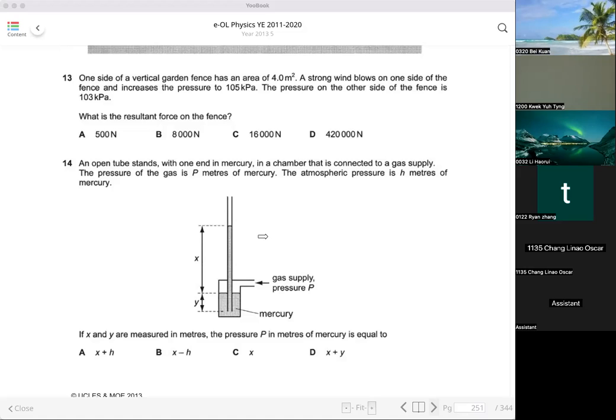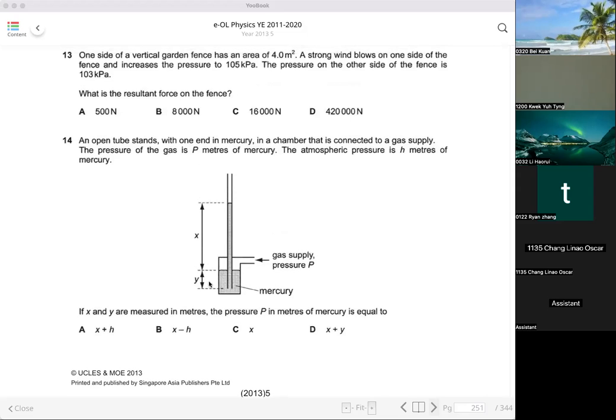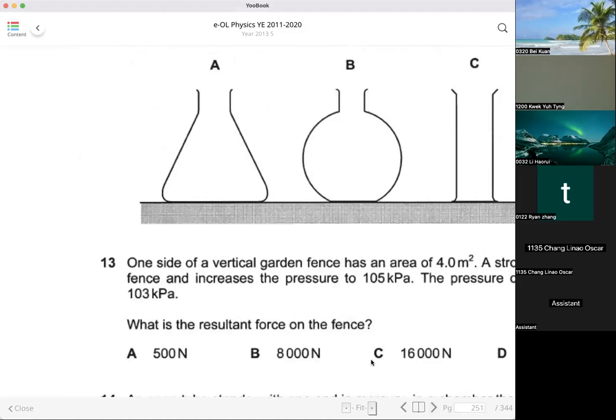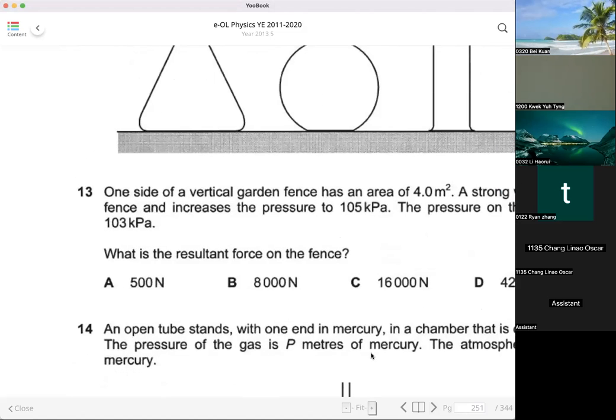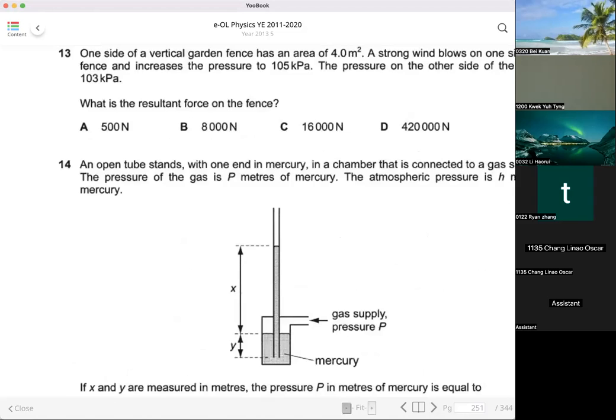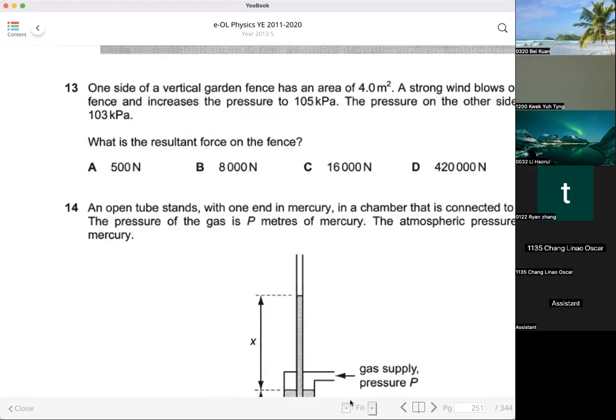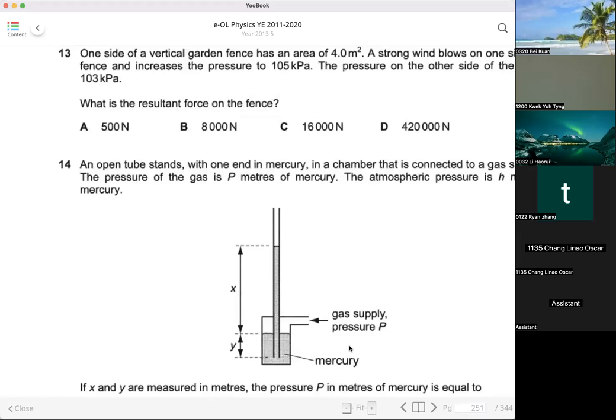Okay, let me explain to you this question. First of all, I want you all to see here in this line, okay?